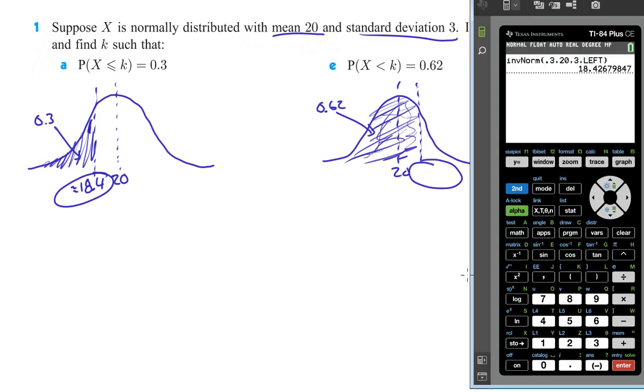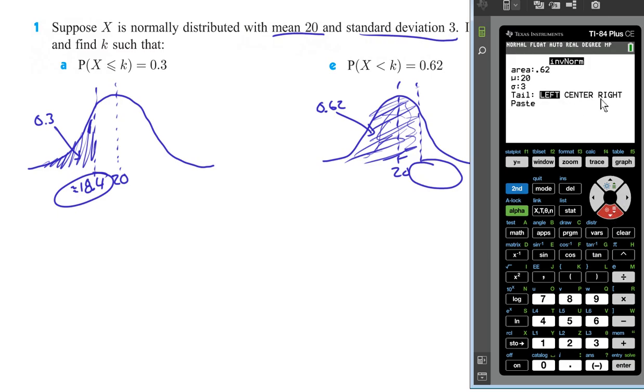Okay, so we're going to do the same thing with our inverse normal. So let's do second variables, which is distribution. Go down to the inverse normal because they're giving us the percent. The area now that we want is 0.62, and our mean is still 20 and our standard deviation is still 3. We still want the leftmost.